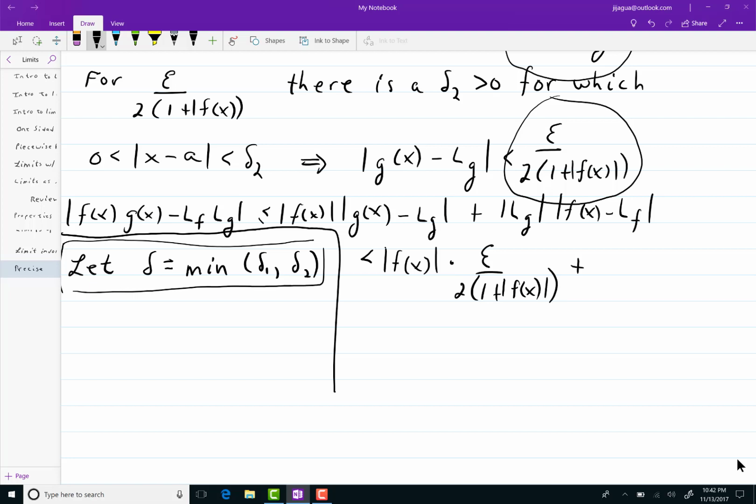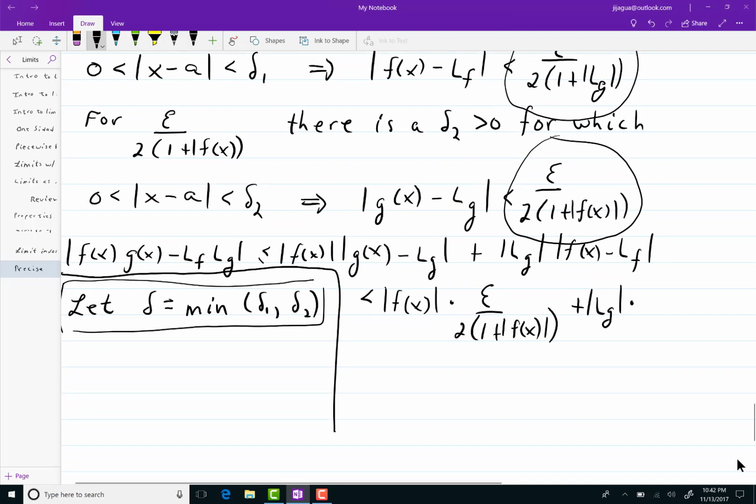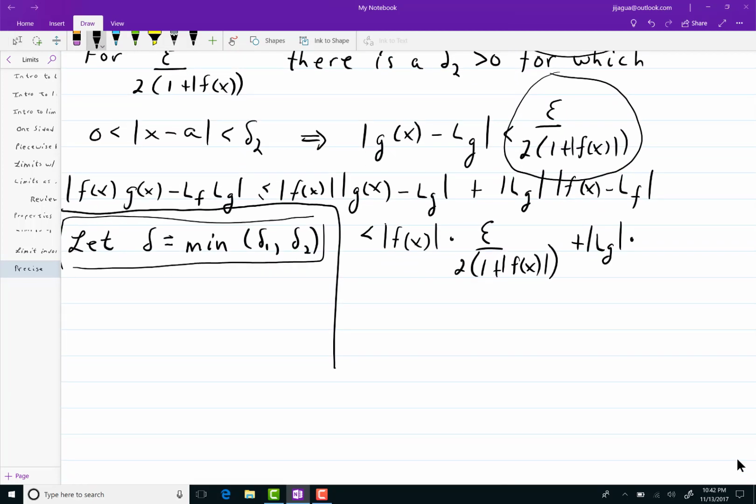And then I have plus Lg times, what was the other one? Epsilon over 2 times 1 plus the absolute of Lg. Now, ultimately, what I wanted to do is cancel this f of x out, and cancel this Lg out. The only problem with these is if f of x is 0 or Lg is 0, then I couldn't just have that in the denominator. I would have a 0 there.